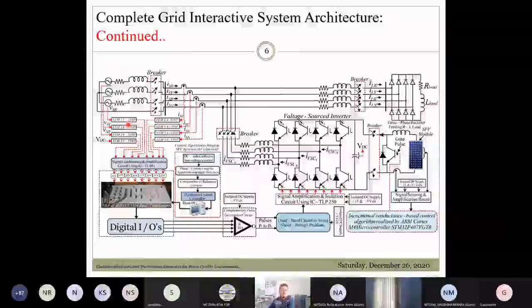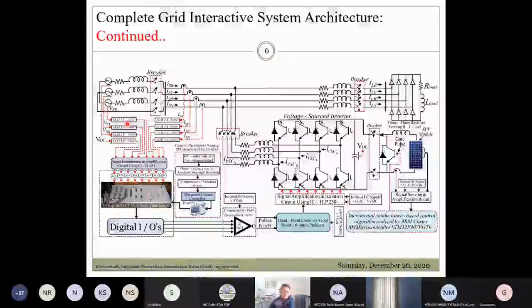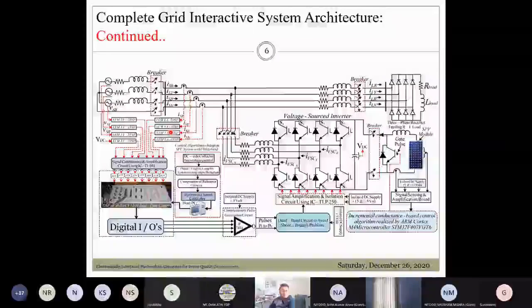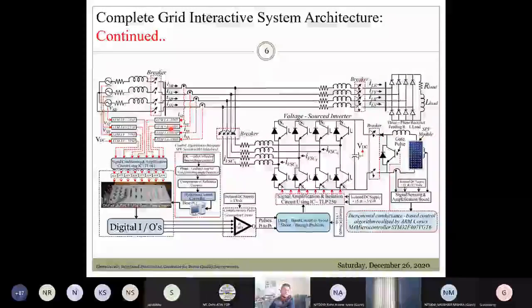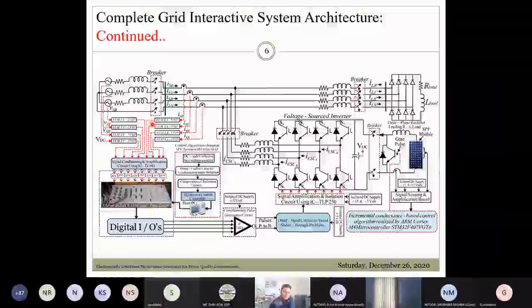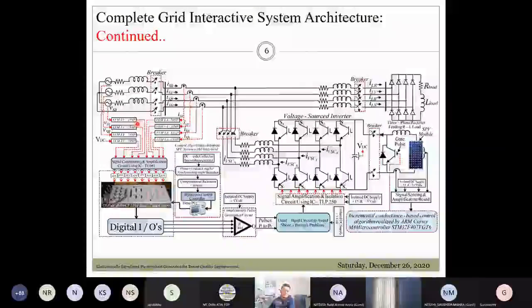Both in case of these LEM sensors, the outputs are in millivolts, which cannot be directly applied to the ADC of this DSpace 1104, as the ADC of the DSpace 1104 expects the signal in the range of plus or minus 10 volts, and therefore to amplify this signal, a TL081 based analog circuit is employed.